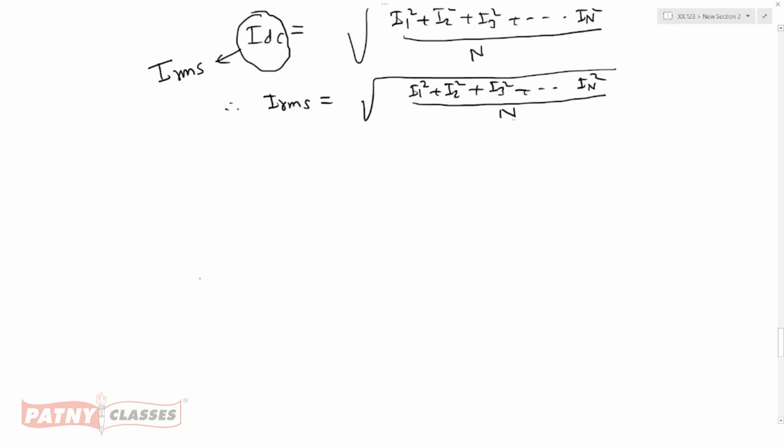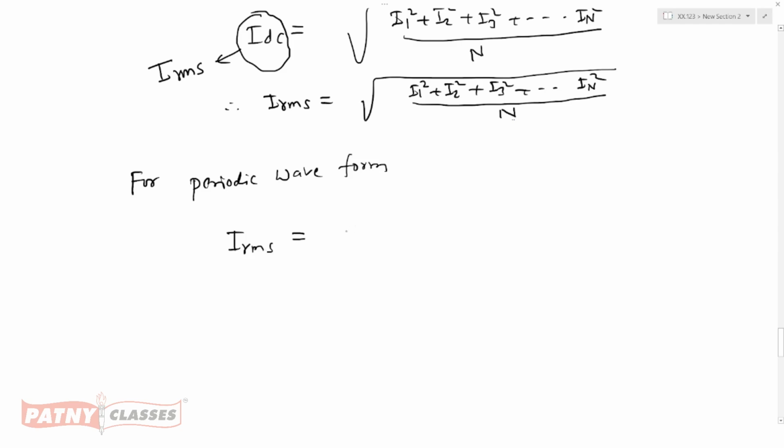Now let us generalize the above concept. Consider a periodic function, and for a periodic function, how to write the expression for IRMS. For a periodic waveform, the above expression can be written in form of integration.